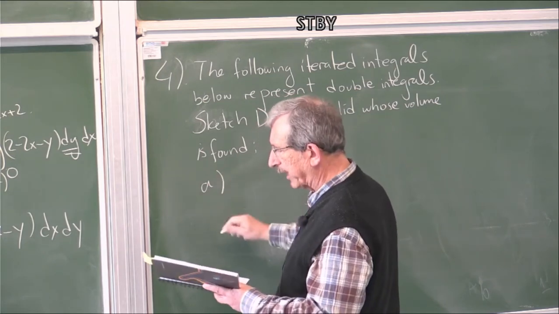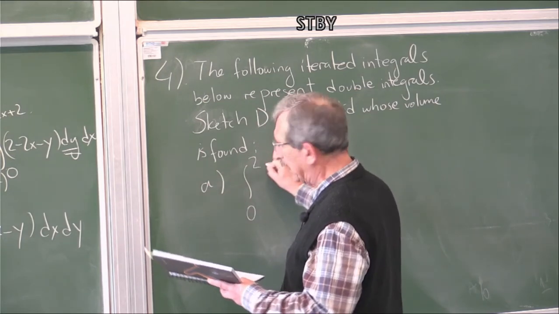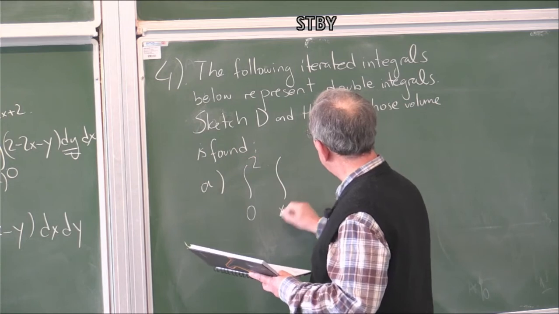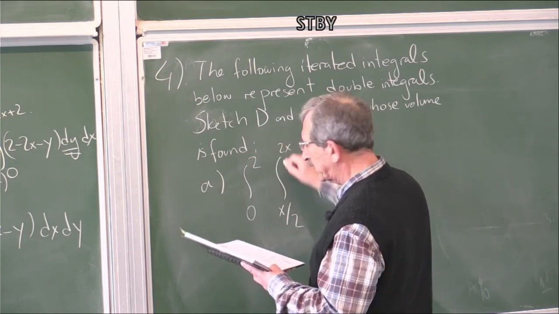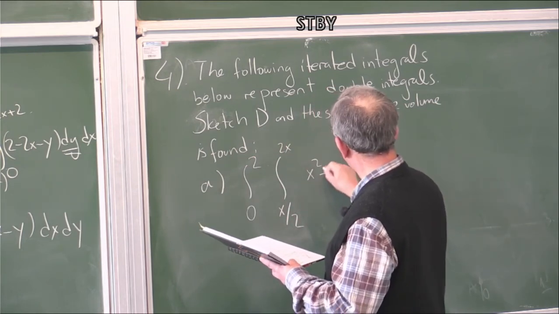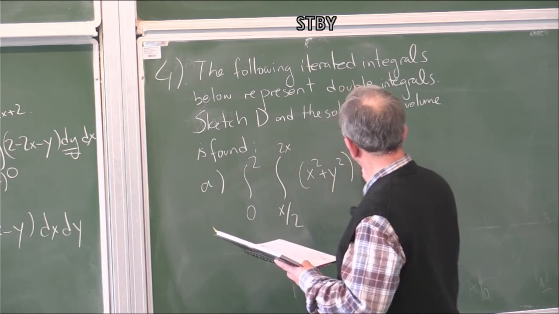Okay. In the first case, we have the iterated integral 0 to 2, x over 2 to 2x, x squared plus y squared, dy dx.